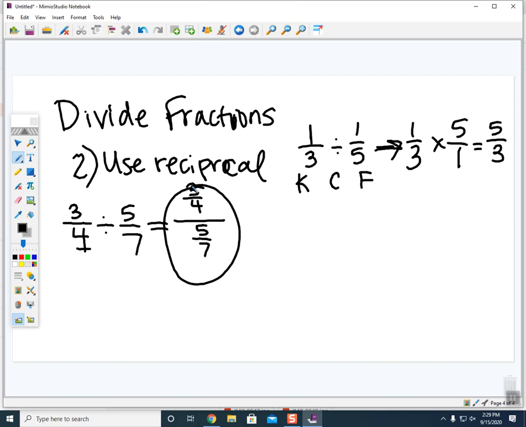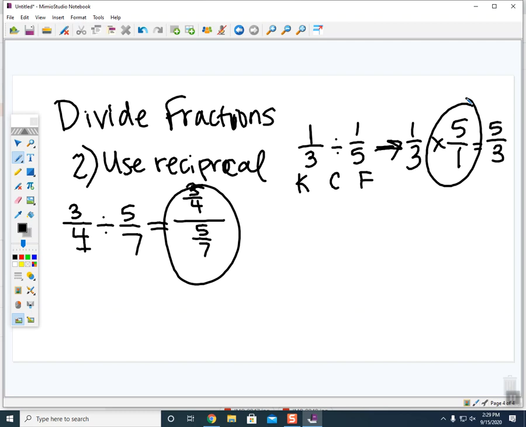No, it does not. So what I want to try to do is get a 1 on the bottom. A good example: the number 5 can also be written as 5 over 1. So anything over 1 is just itself. If I can get this bottom part to equal 1, then I only have to worry about my numerator and I don't have to worry about my denominator.